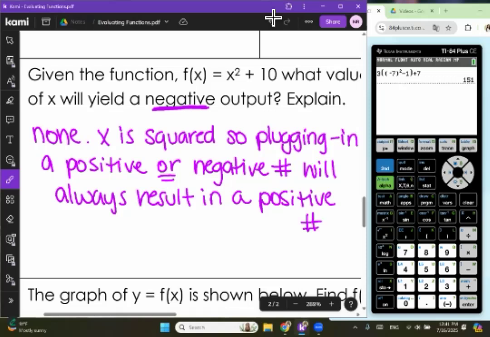Remember, positive times a positive is still a positive. Negative times a negative, still a positive. So it really doesn't matter what you do.